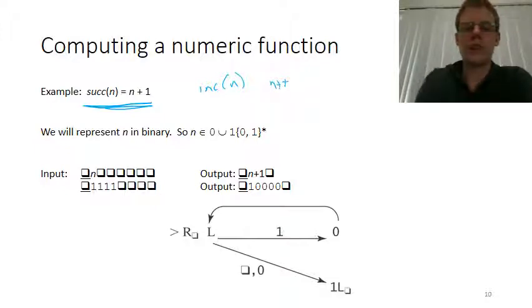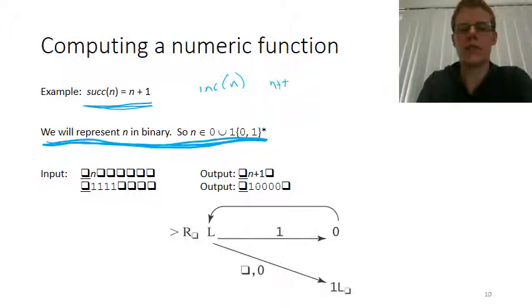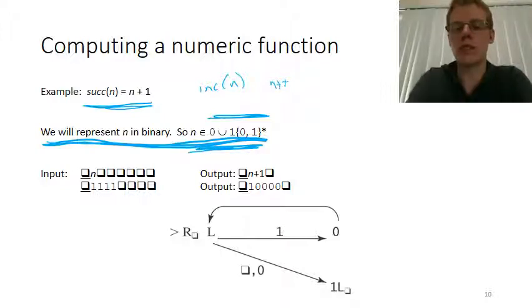And we're going to represent n in binary, and we're not going to worry about 2's complement or anything like that. We're just going to represent the natural numbers in binary. In this case, our input is going to be defined only for natural numbers without leading zeros. So it's an element of this regex here, which represents binary numbers that do not have leading zeros.